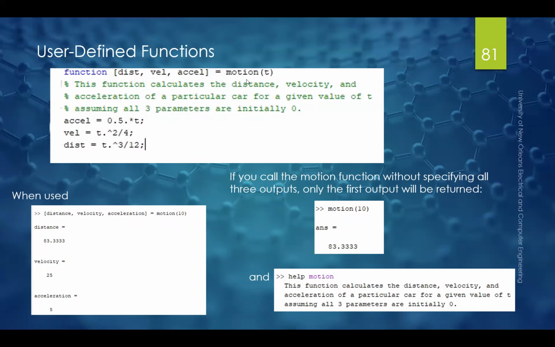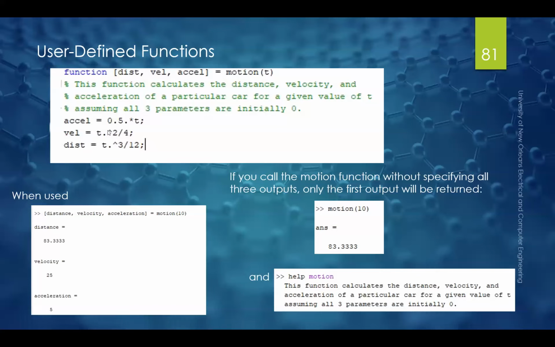So the function name is motion, and you give it time, and it'll calculate the distance, the velocity, and the acceleration. And of course, you have already defined these equations and tested them to understand that they work, right? Again, ignore this bar here, as it was part of the mouse when I was typing this little function. The bar is not part of the function.